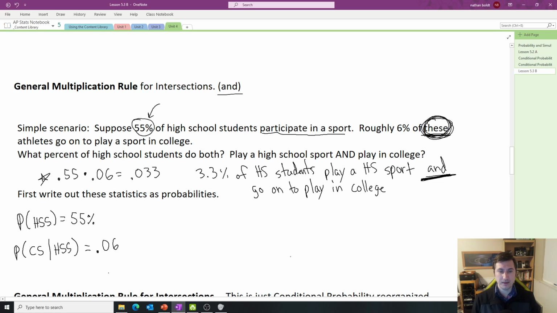That equals 0.06. And then we multiplied them together. Why? Because we were finding the ones that did both, a high school sport and played in college.